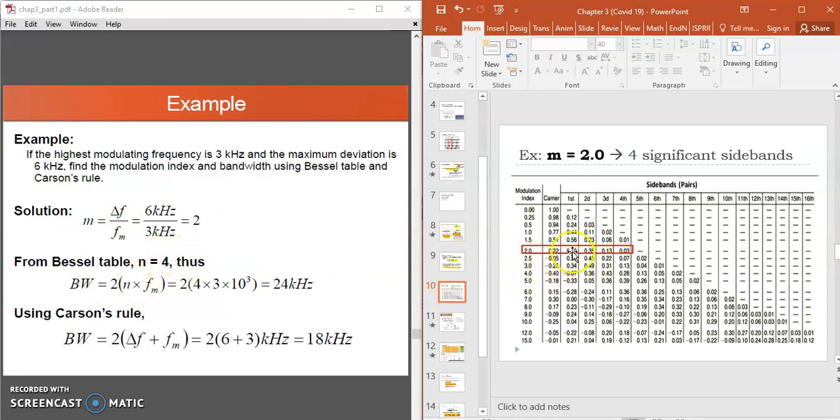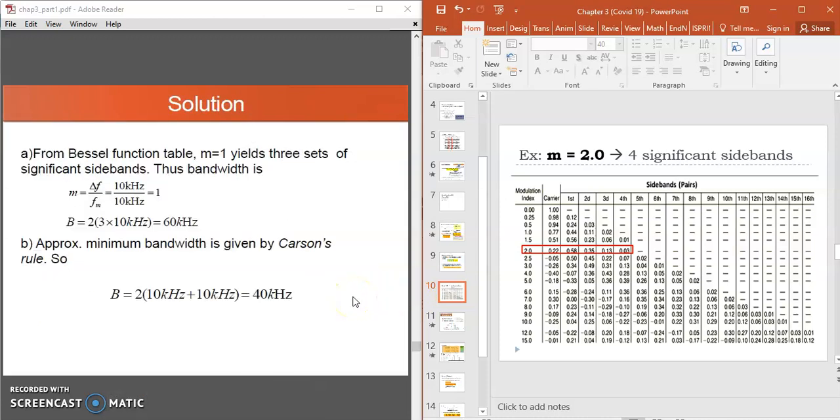Because here 1, 2, 3, 4. Clear? And then the Carson rule: you find 2 times delta F. Delta F times 6, and then plus FM. FM equals 3 kilohertz. So you get a total of 18 kilohertz. The rest you can do by yourself.